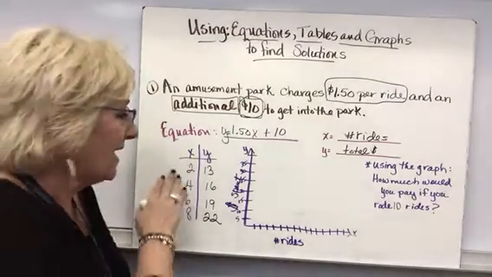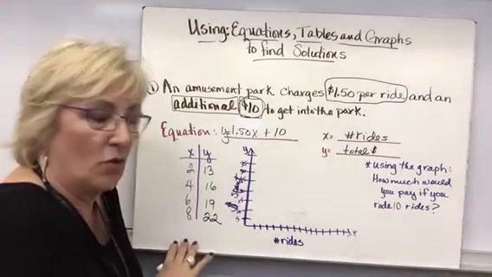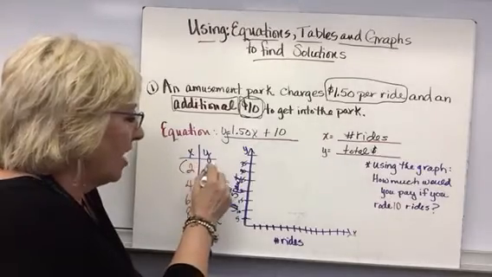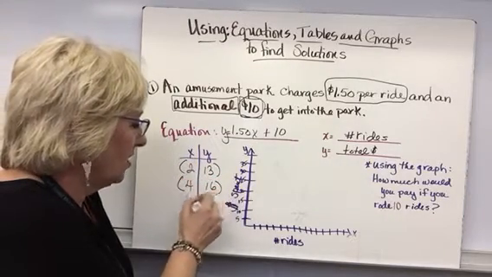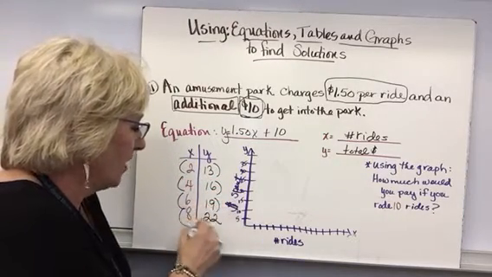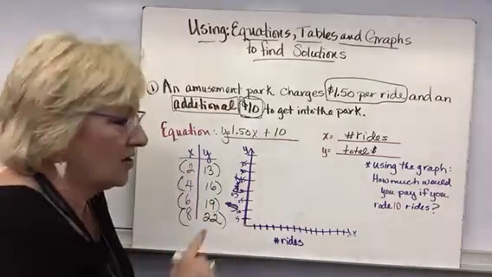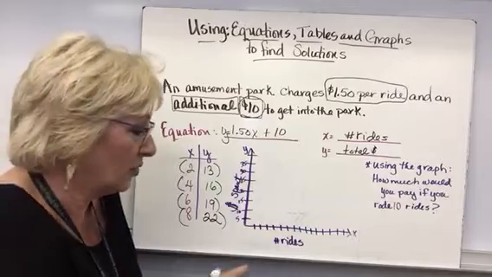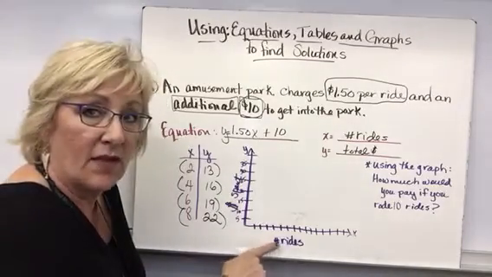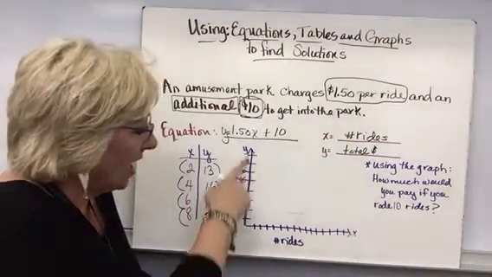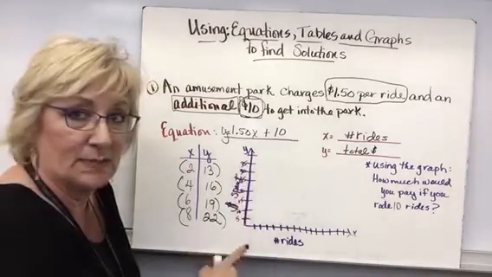Now, we can take our X and Y value table, and this is just like our ordered pairs, just like we talked about before. If I were to put commas around these, I've got an X value and a Y value, and I can come over here to this table that I've already labeled. This is the number of rides on the X axis, and on the Y axis, I've got the money that has been spent.